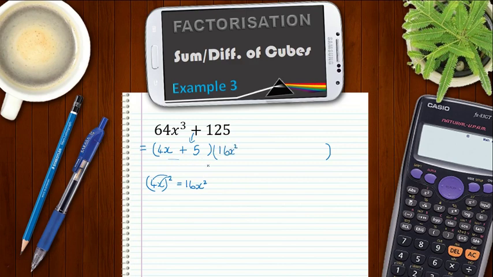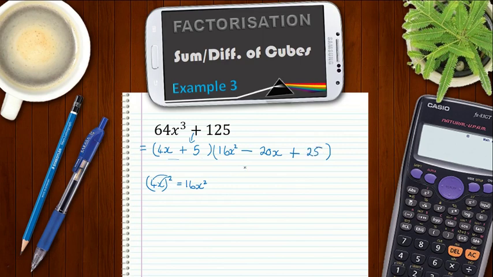Then I take my sign, but I take the opposite sign. So if this is a plus, then this becomes a minus, and vice versa. Then for the third term, I'm going to multiply these two together. So 4x times 5 gives me 20x. And then this sign is always a plus, and then we square the last term, which is 25.